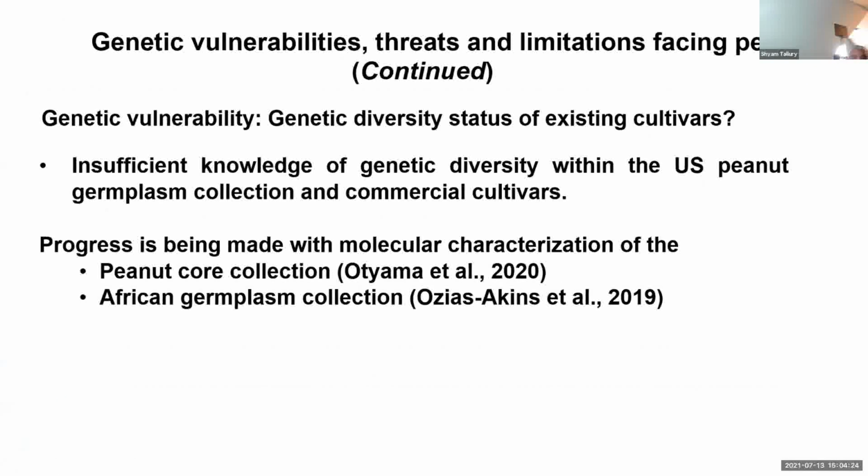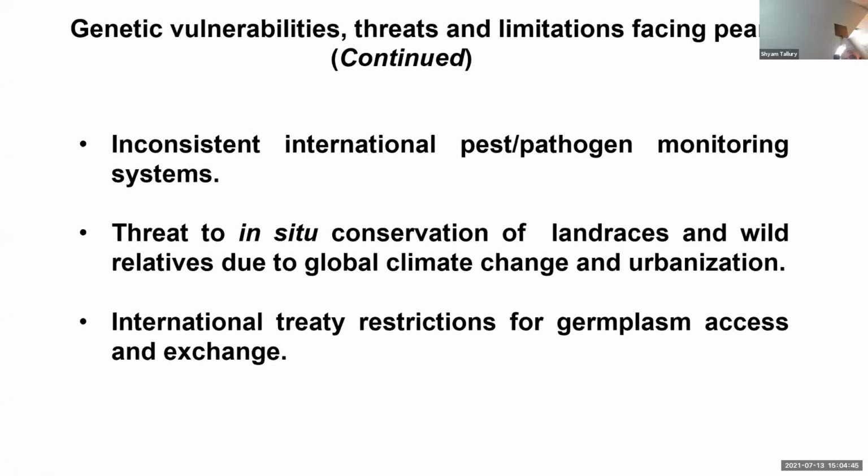The other issue is, do we know the genetic diversity status of the existing cultivars? I believe there is insufficient knowledge of the genetic diversity within the US germplasm collection and commercial cultivars, although progress is being made with molecular characterization of the peanut core and the African peanut germplasm collection. Other issues I have highlighted are inconsistent international pest and pathogen monitoring systems.